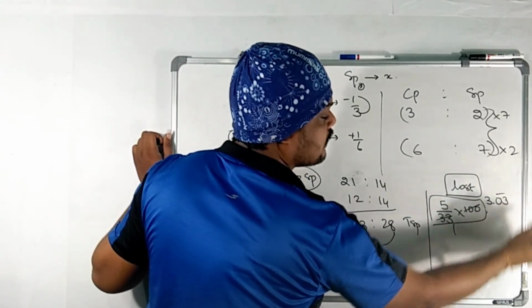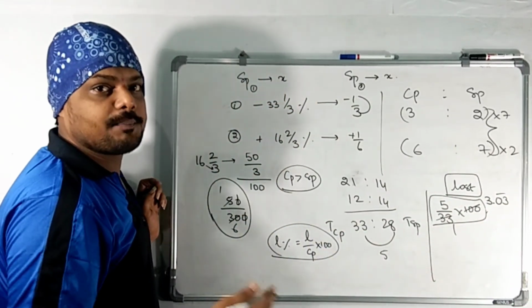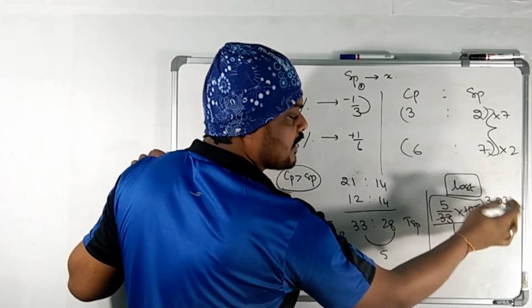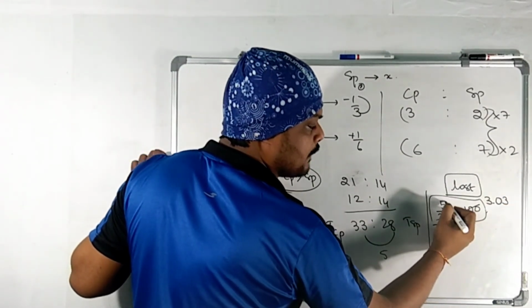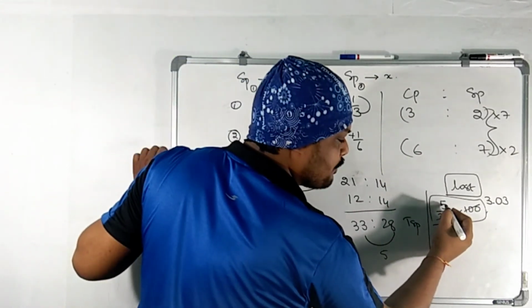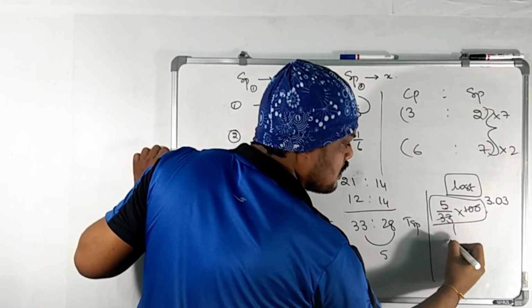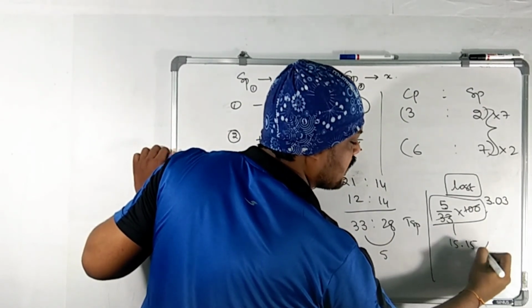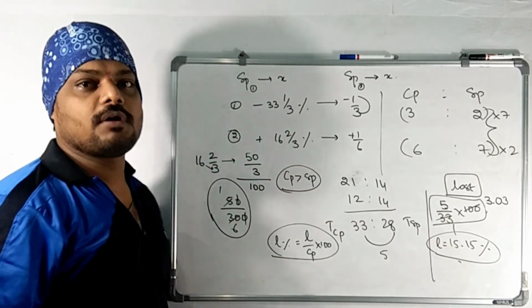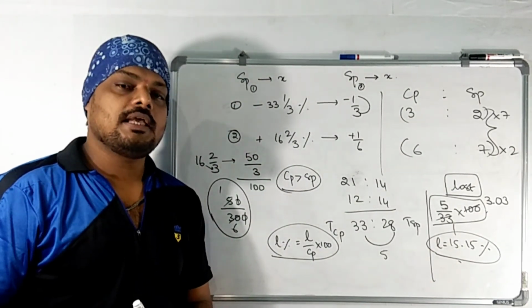So here it is 3.03 recurring. Then multiplying 5 into 3.03 is 15.15 percentage. The loss percentage is exactly 15.15 percent.